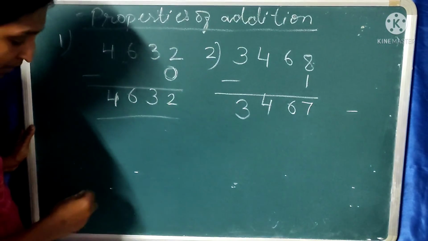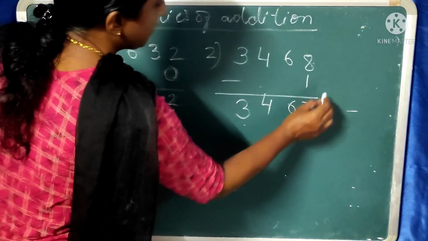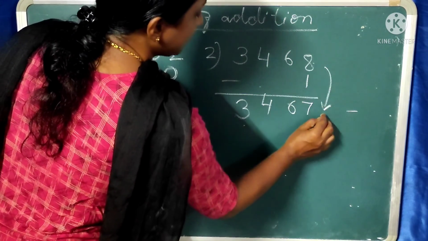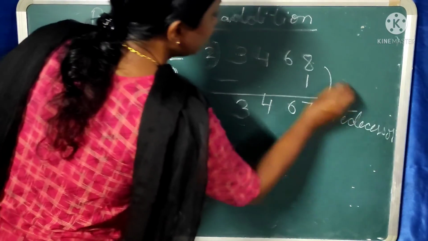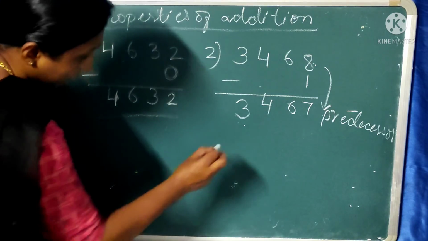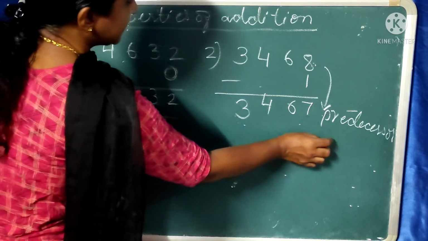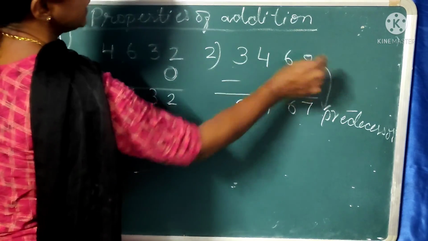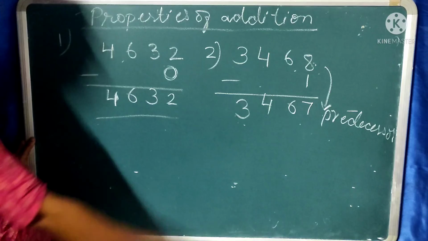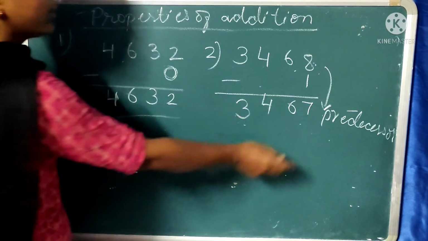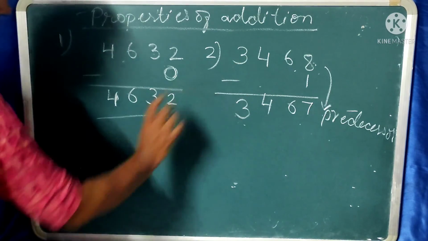When 1 is subtracted from any number, the answer will be the predecessor of that number. So 3467 is the predecessor of 3468. This is the second property.